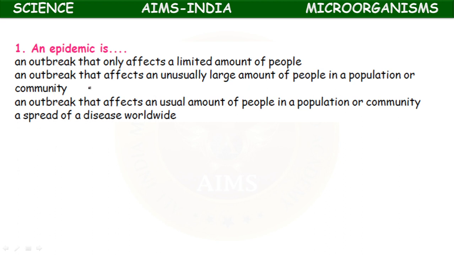Corona, first it was an epidemic, then it became a pandemic. So epidemic means an outbreak of a disease that affects an unusually large amount of people in a population or community. Okay.